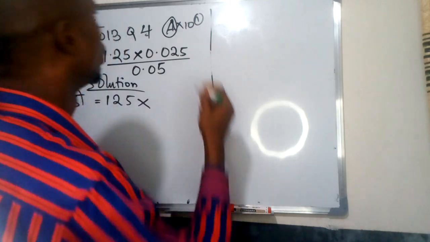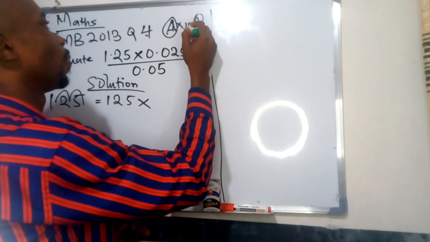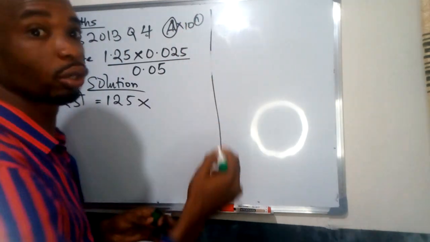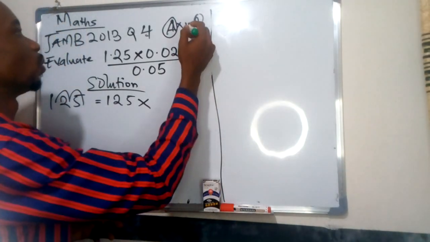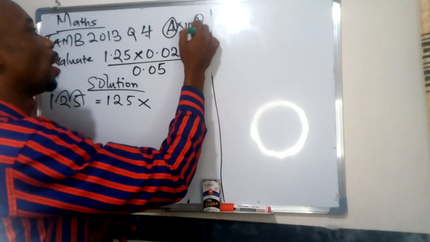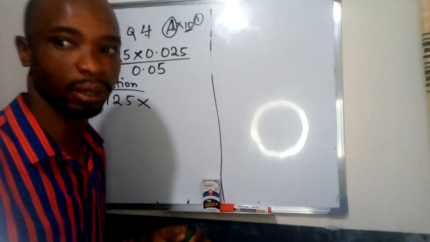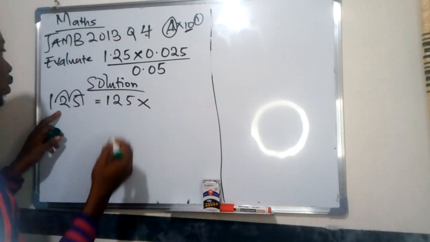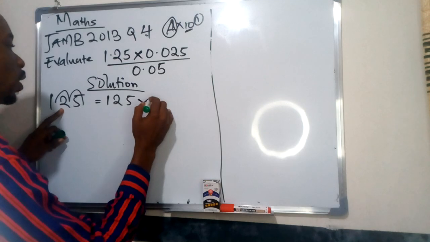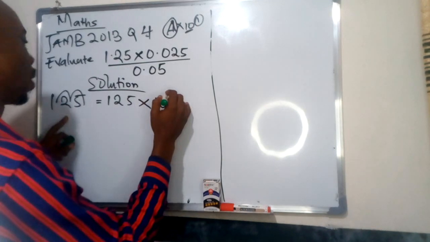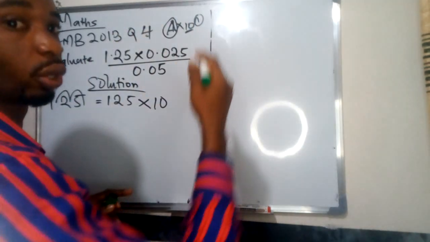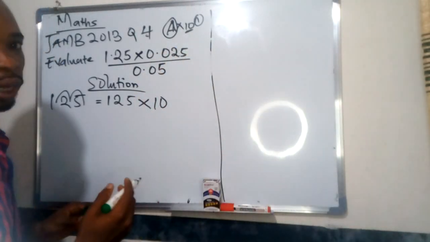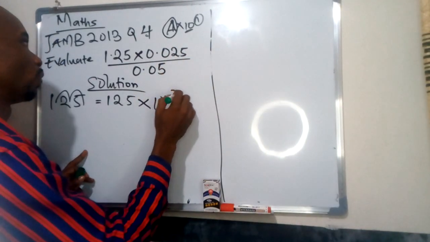This number must always come with 10. So this number becomes 125 times 10 raised to the power of, since you have moved 2 times to the right, it is going to be negative, so you have minus 2.